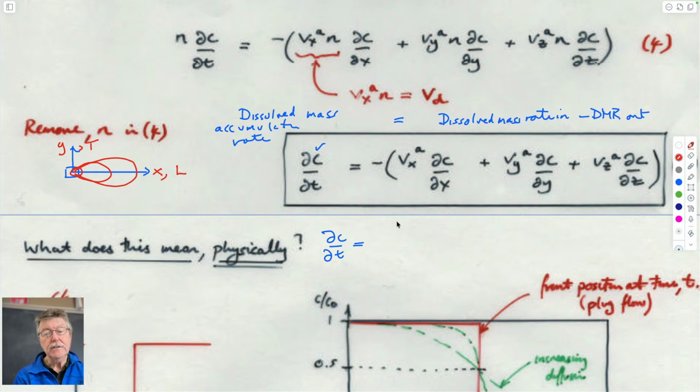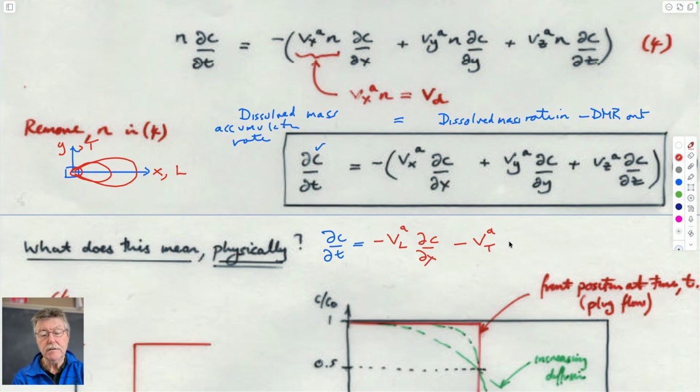And so I could write this in terms of, instead of x and y, I could write it as minus advective velocity in the longitudinal direction, dc dx, so it is x, minus advective velocity in the transverse direction.